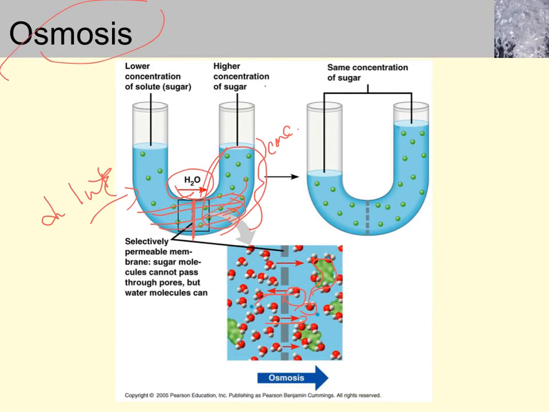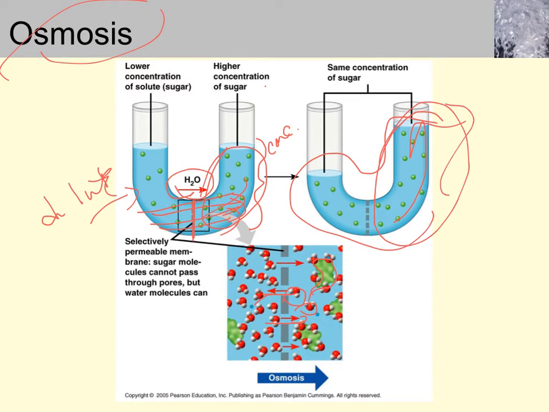So because of osmosis, what happens is the concentrated side ends up with much more pressure, much more water on its side in an effort to dilute. And the osmotic pressure increases until the concentrations of both sides are equal.